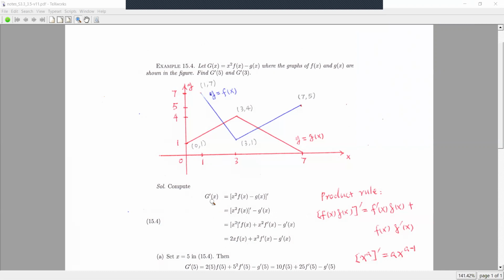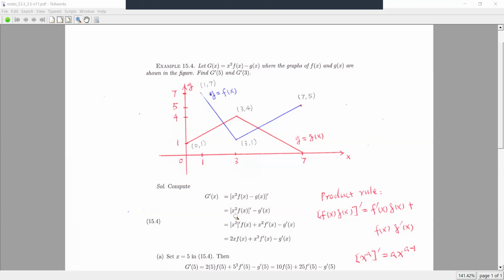Please note that all the formulas are about the derivatives at x, not at some concrete number. Take the derivative of big G. Then we have this equation. By the difference rule, this derivative is equal to the derivative of the first term minus the derivative of the second term. So we have this equation.